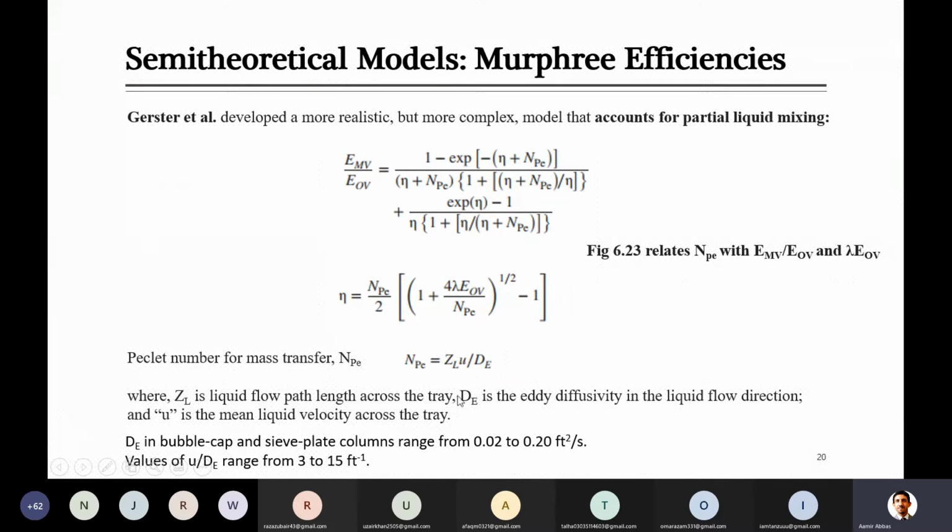Its unit will be perfect. In these ranges, this is valid. Otherwise, if your ranges are above or below this, definitely the efficiency predicted by this equation will not be that good.